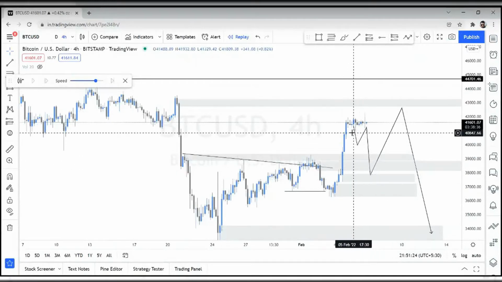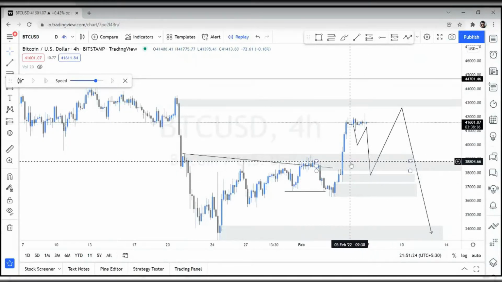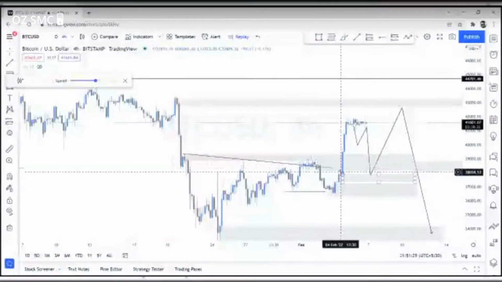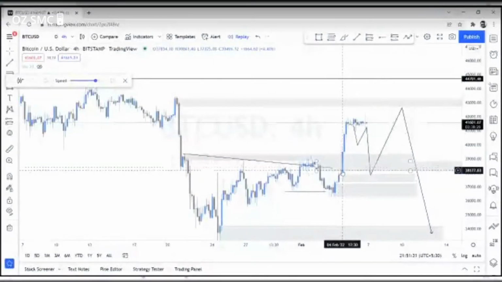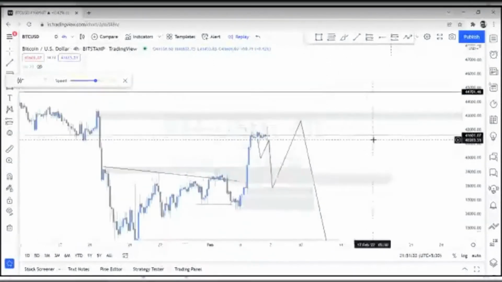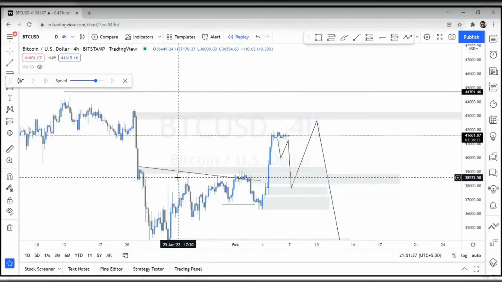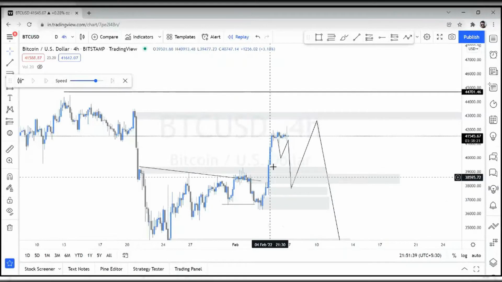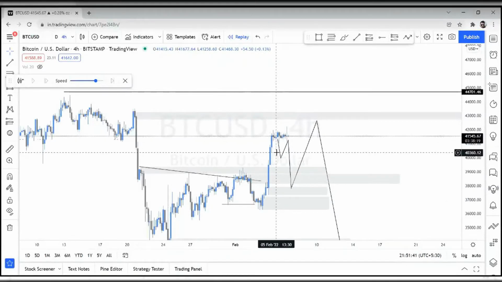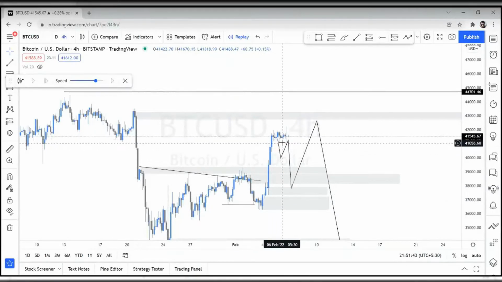That is why it's very important that if we had a confirmation somewhere here, then maybe we could have looked for a sale. So what do we have right now? Why is it breaking up? We can never predict where the market wants to go. We can only anticipate and form our bias where it might go.